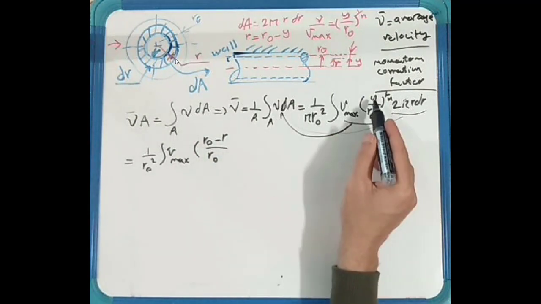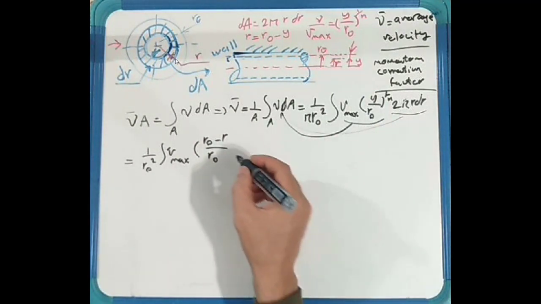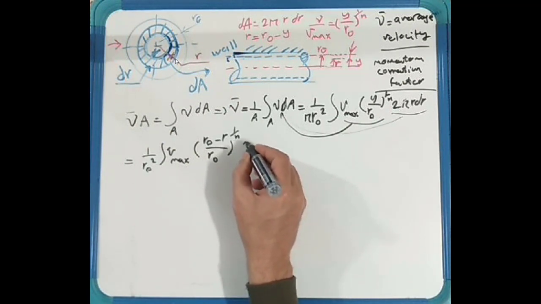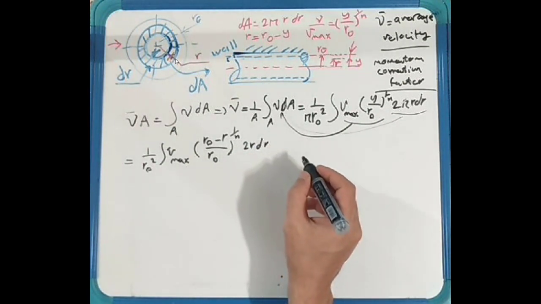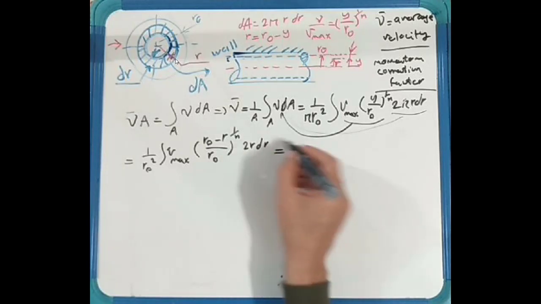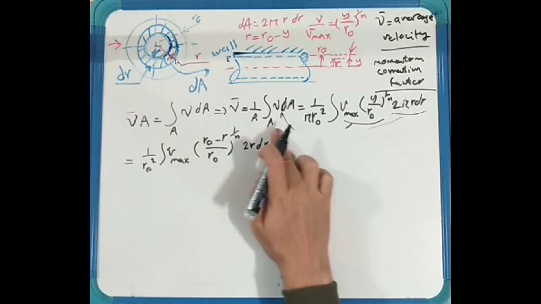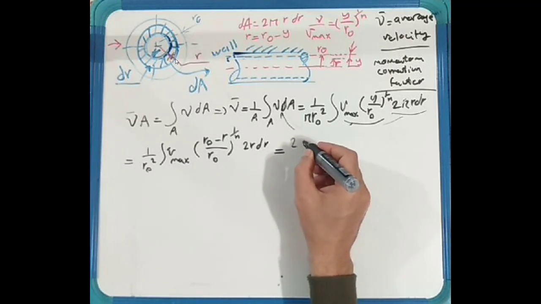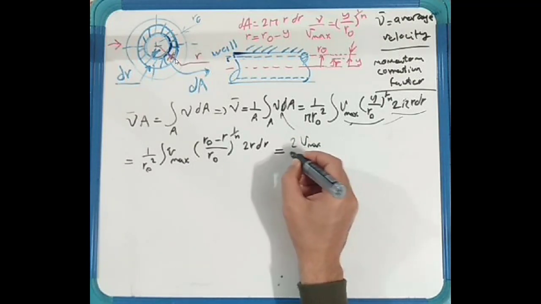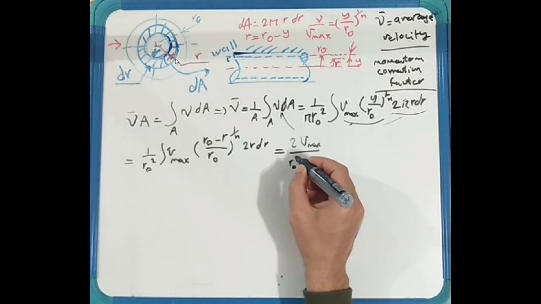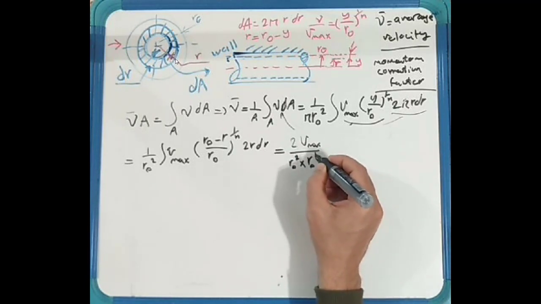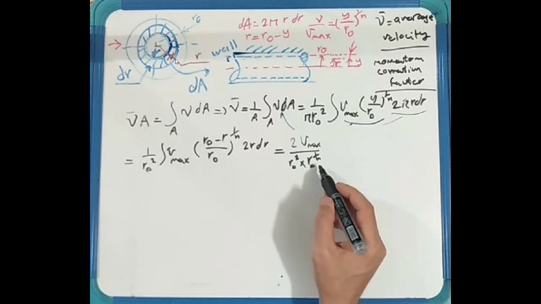I'll put it in place of y, with power of 1 over n, times 2 r dr. It is equal to v max over R0² multiplied by R0 to the power of 1 over n, why?